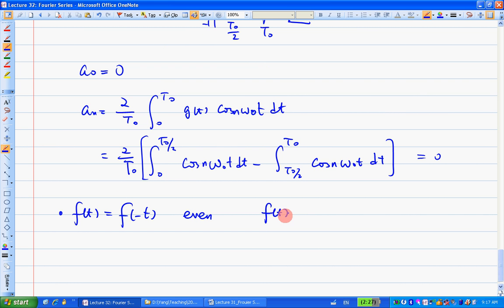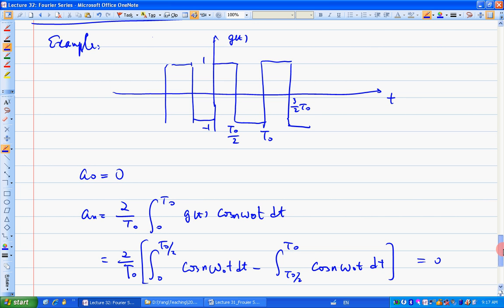And f of t equal to negative f of negative t, or f of t plus f of negative t equal to 0, is called an odd function.